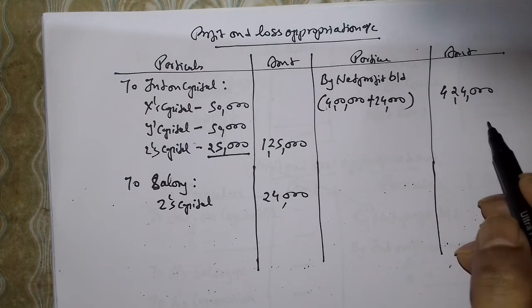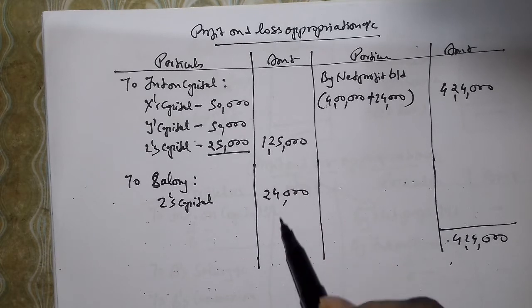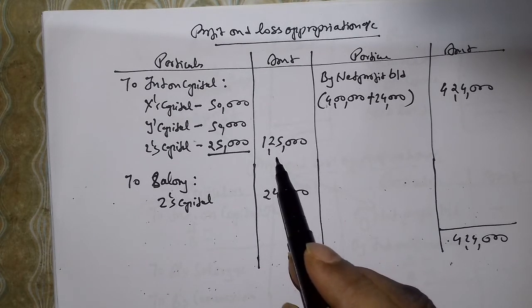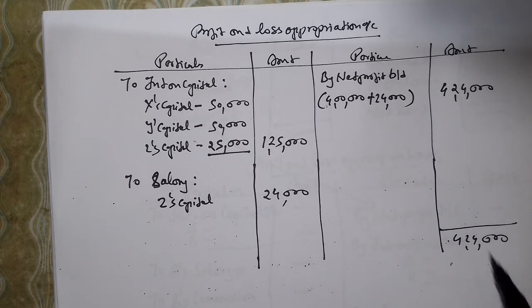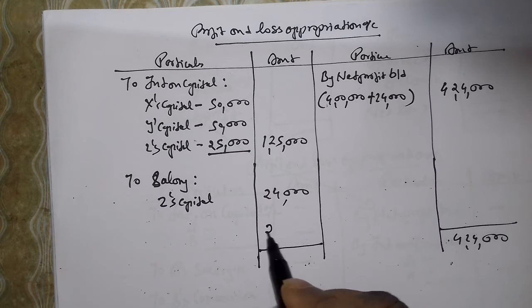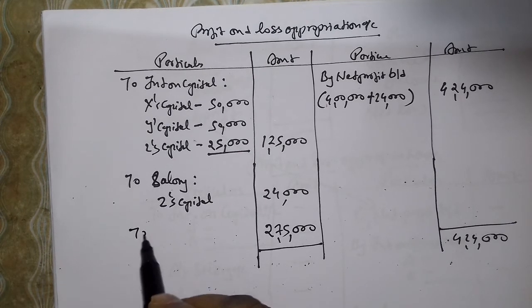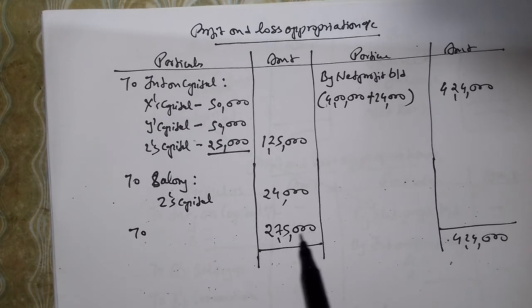So you have to total these two. This is 4,24,000. And this is 2,49,000. When deducted from 4,24,000, it will be around 2,75,000, which is to be divided between the partners.